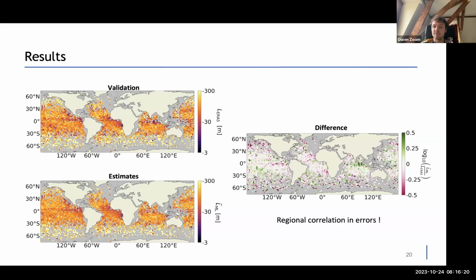Although there are some regions where we have correlations in the errors, in the sign of the errors. For instance, here south of the Bay of Bengal, we have a region. West of Namibia, Cabo Verde, we have another region, and here we have a flipping of the sign.